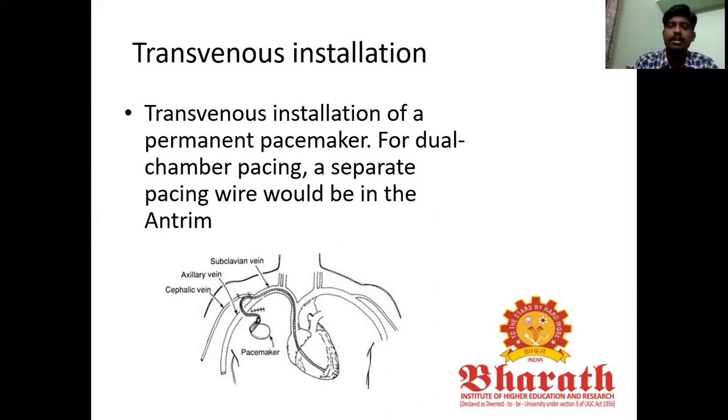They select three types of vein: one is the subclavian vein, second is the axillary vein, third is the cephalic vein. Based on a simple surgery, the transvenous pacemaker is inserted.